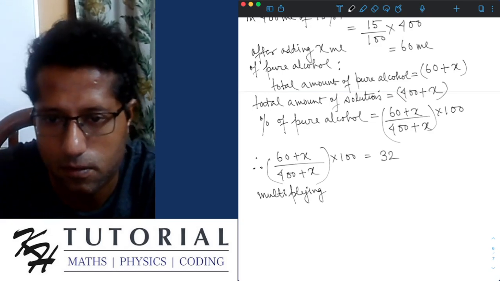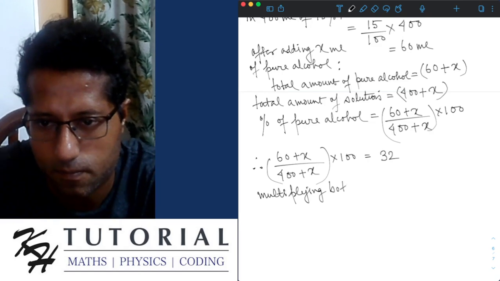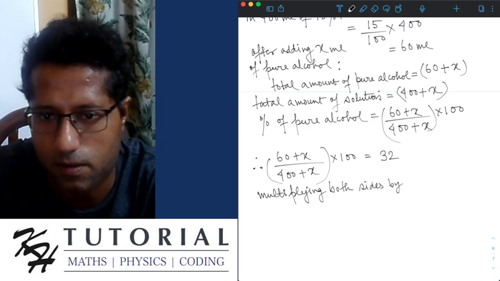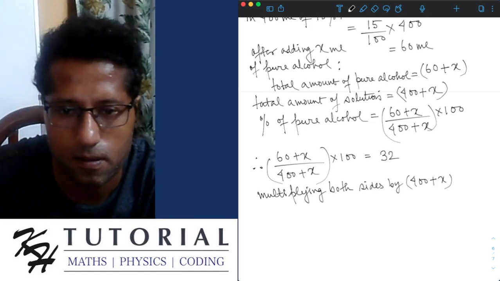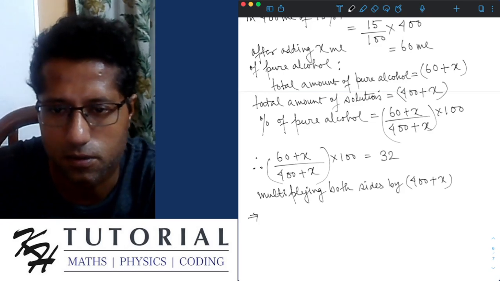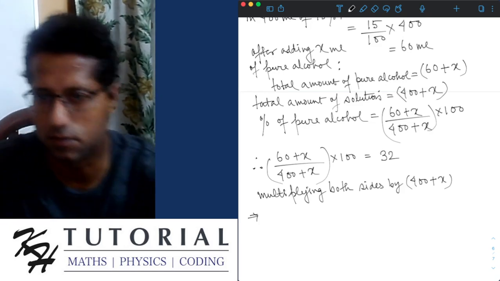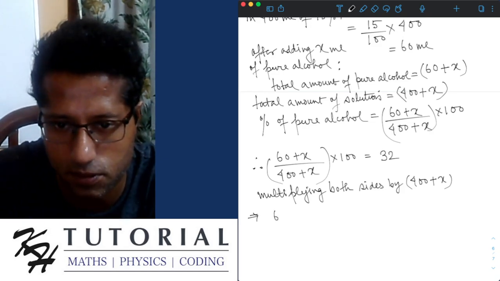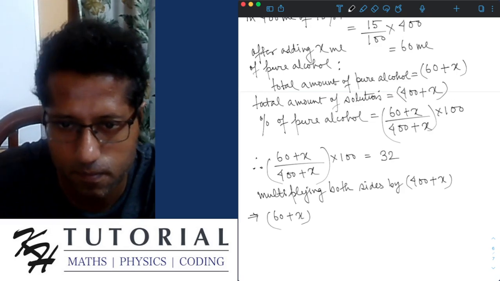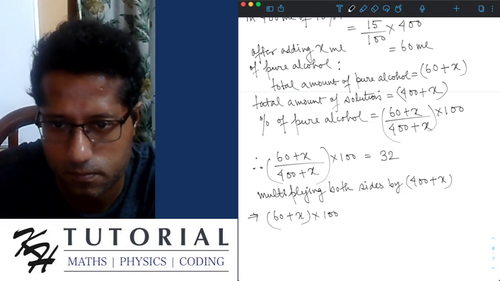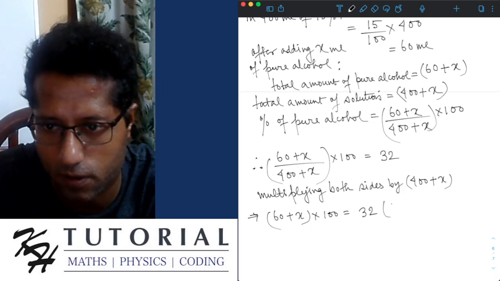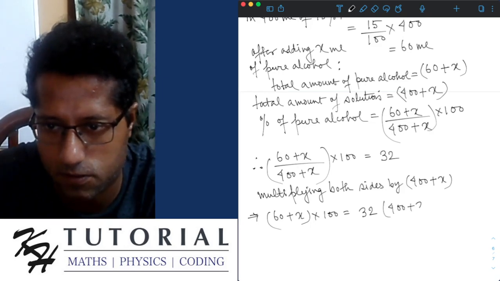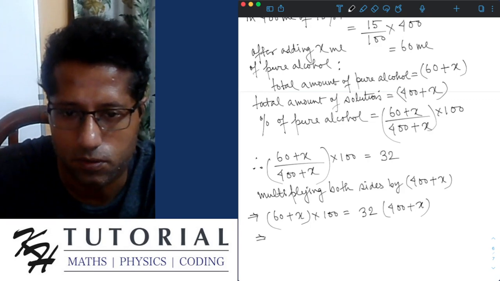So multiplying both sides by 400 plus x, the LHS will become 60 plus x into 100, and the RHS will be 32 multiplied by 400 plus x.